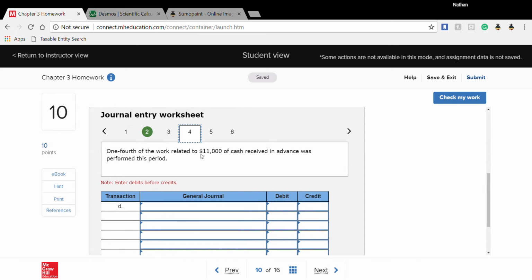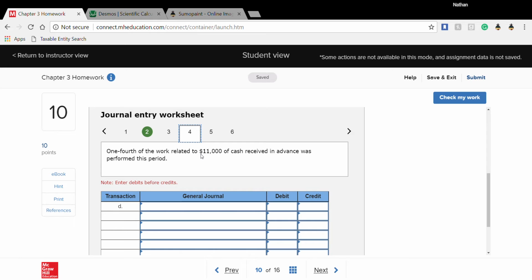Let's go to 4 and see if it works anything different. It says 1/4 of the work related to $11,000 of cash received in advance was performed this period. So 1/4 is stating that this one is our unearned revenue change.